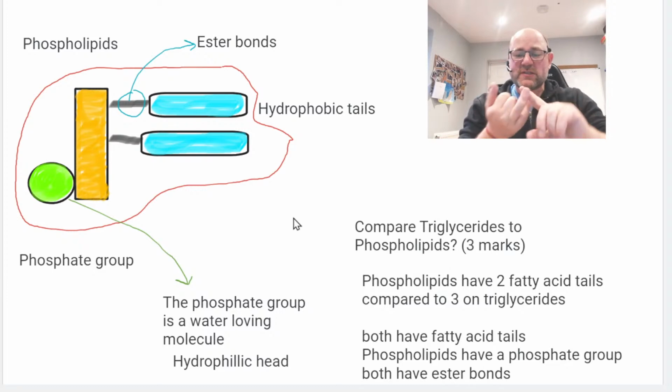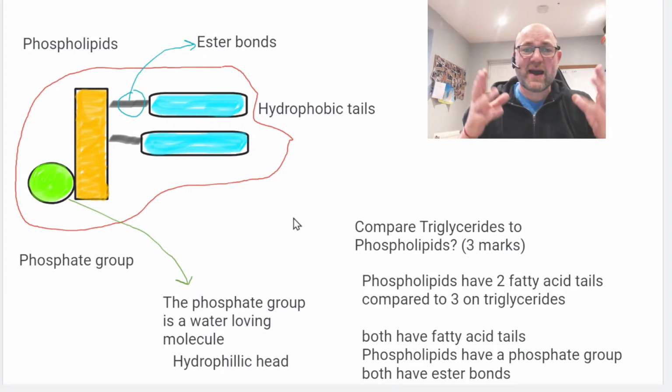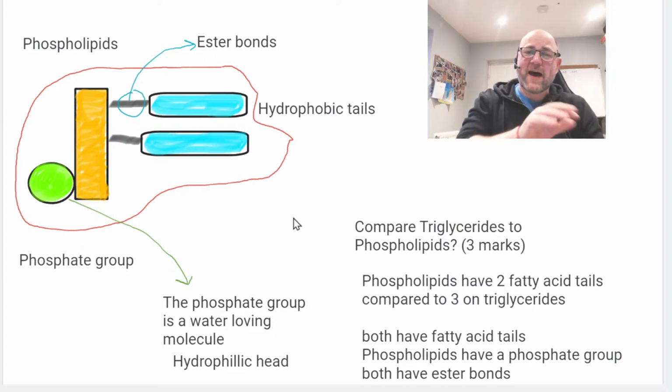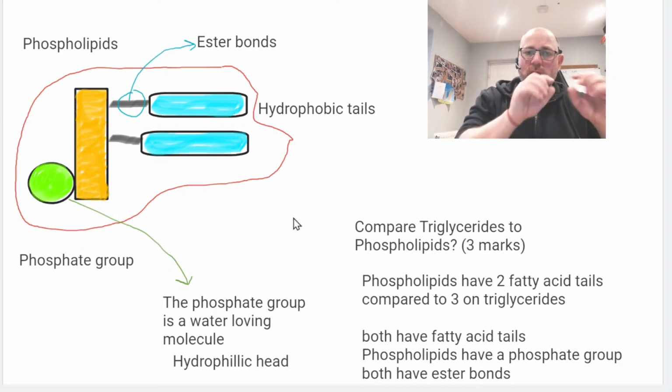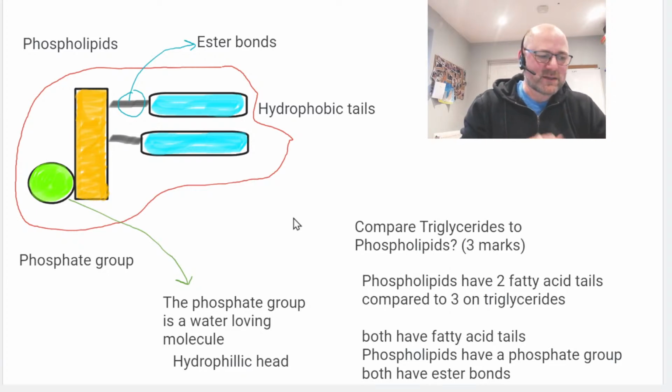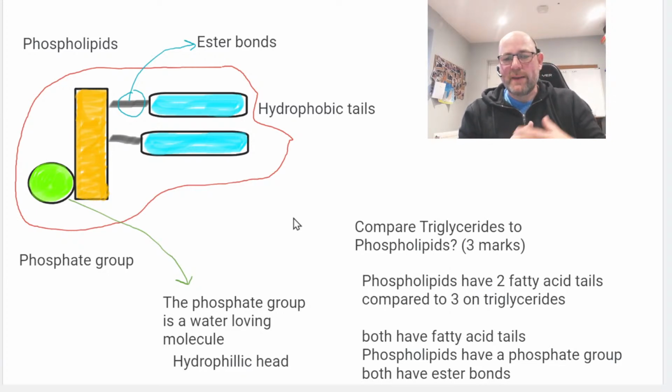Carbohydrates like glycogen, cellulose, starch, amylopectin, amylose, they have glycosidic bonds. When we're talking about fats, they always have ester bonds holding the fatty acids and the molecules together. And they're formed by condensation and broken by hydrolysis, just like in carbohydrates.